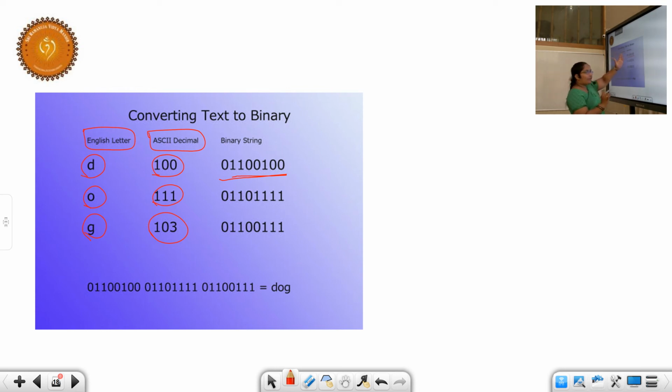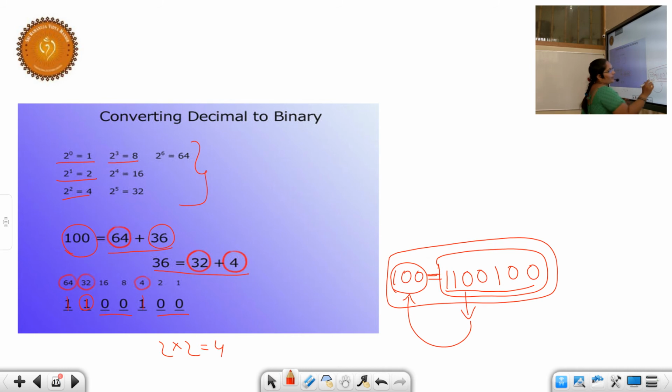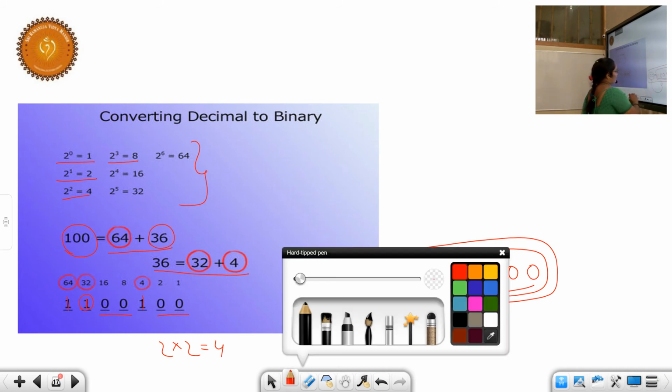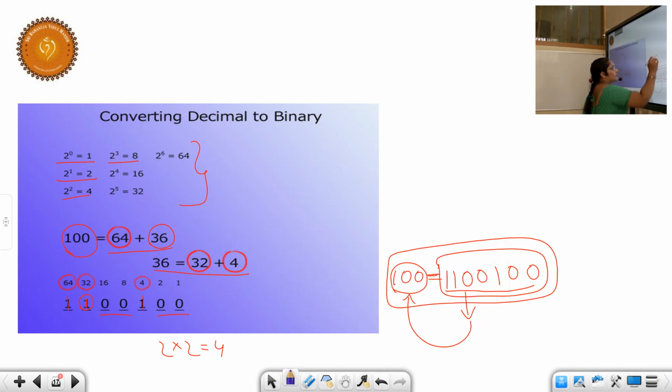So if we are not having any value which is equivalent to the 8-bit string, then at the start we can add a 0. It doesn't make any difference because 0 represents a false state. Let us explain. In the last slide, here we are having 1 1 0 0 1 0.